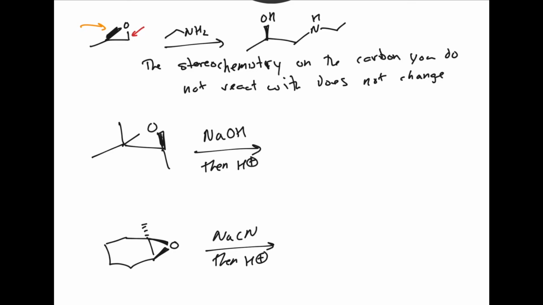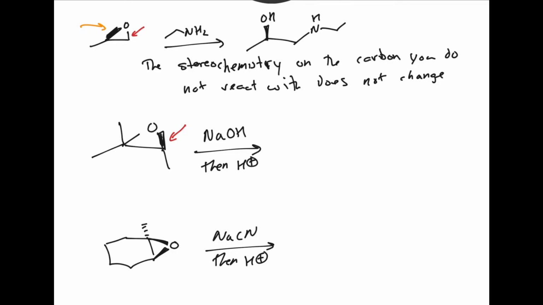Now, if the carbon I'm adding to has stereochemistry, this is an SN2 reaction. SN2 reactions with stereochemistry, you always invert your stereocenter. So here, my leaving group is this carbon-oxygen bond. That oxygen is my leaving group. So I have to come from the opposite side of that oxygen to do the SN2 reaction.